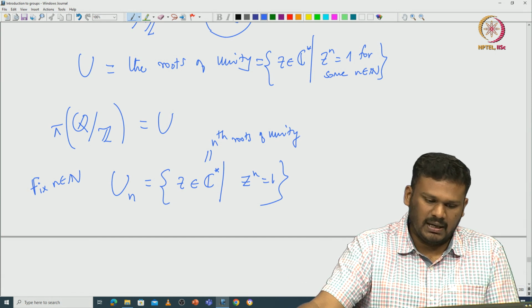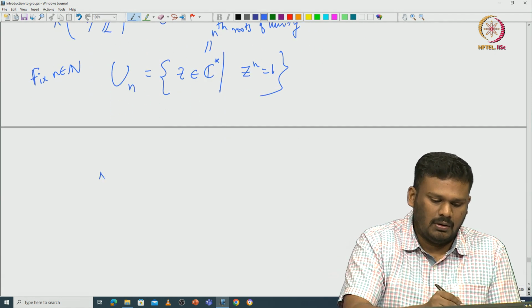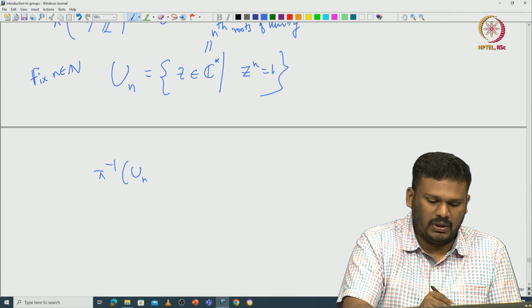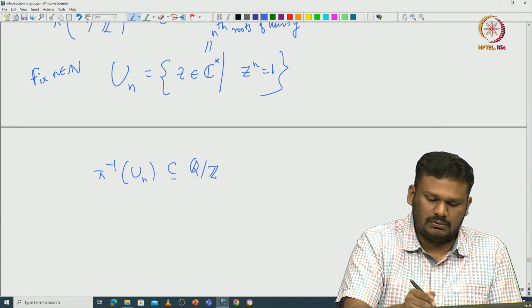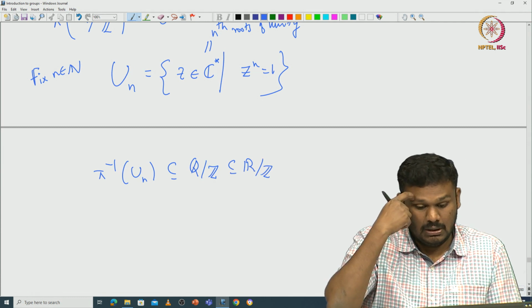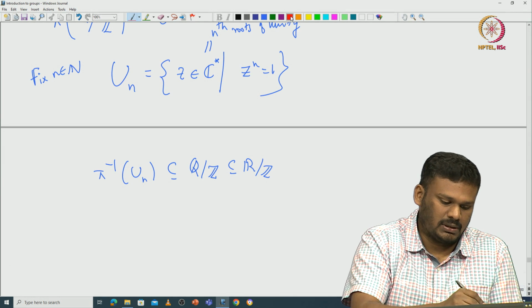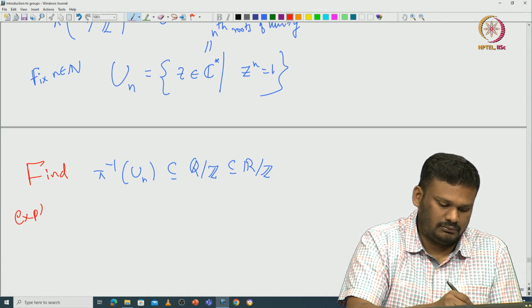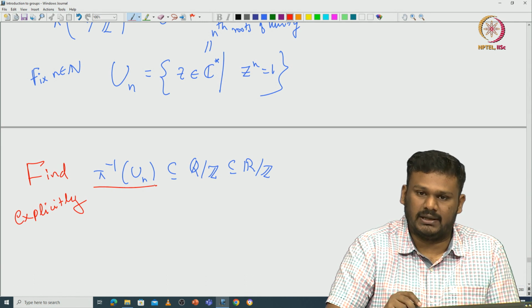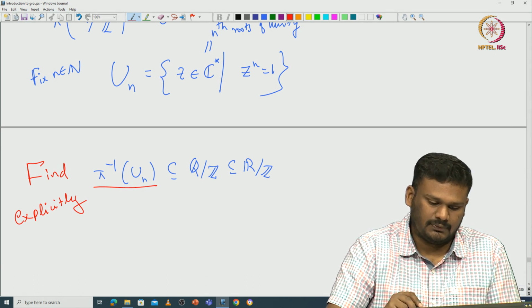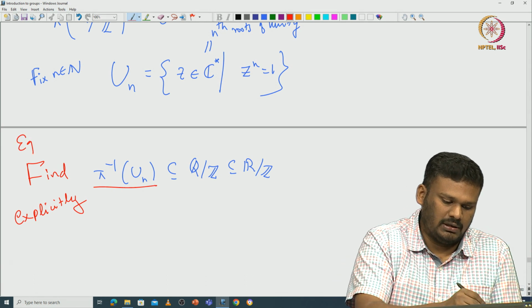Okay. So you may ask what will be the pi inverse of Un inside this Q modulo Z or R modulo Z. Okay. So I will leave it to you to find this. Find explicitly this pi inverse of Un. This is a cyclic group of order n inside Q mod Z. Okay. So this I leave as an exercise.